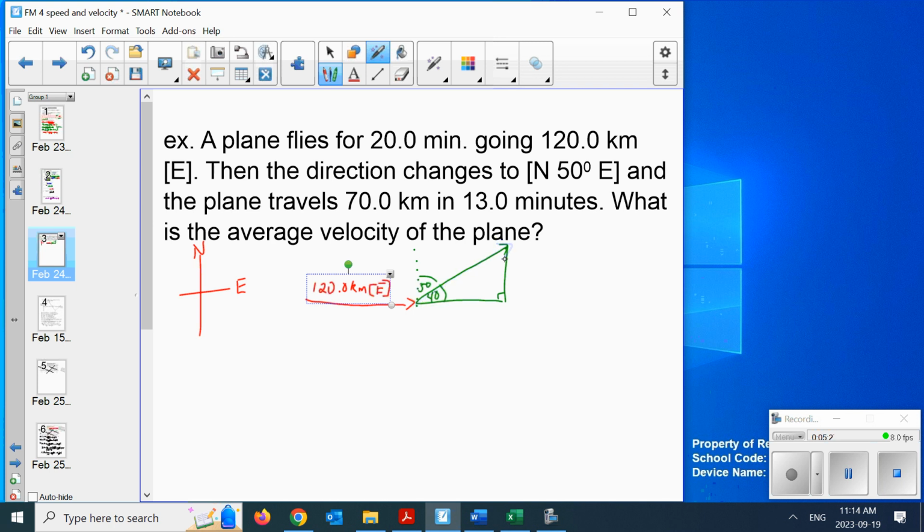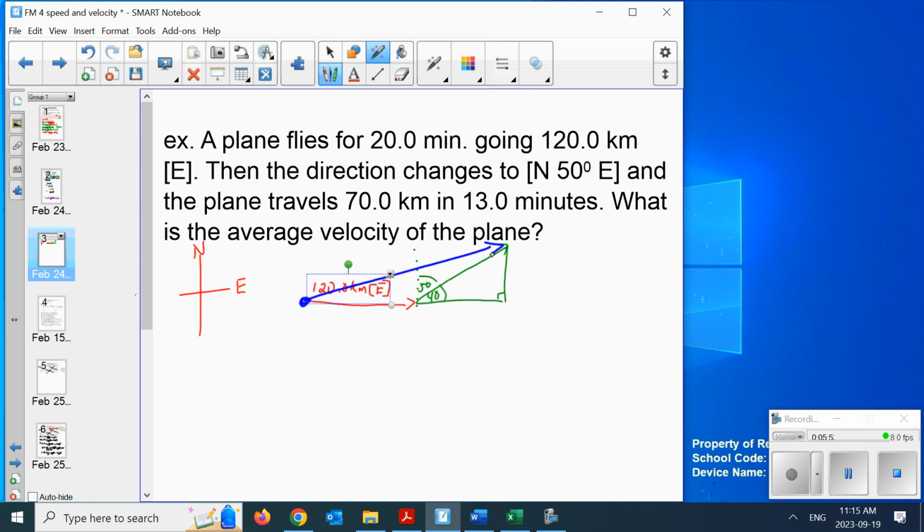Average velocity of the plane. In a sense, we're trying to figure out: started here, ended up here.